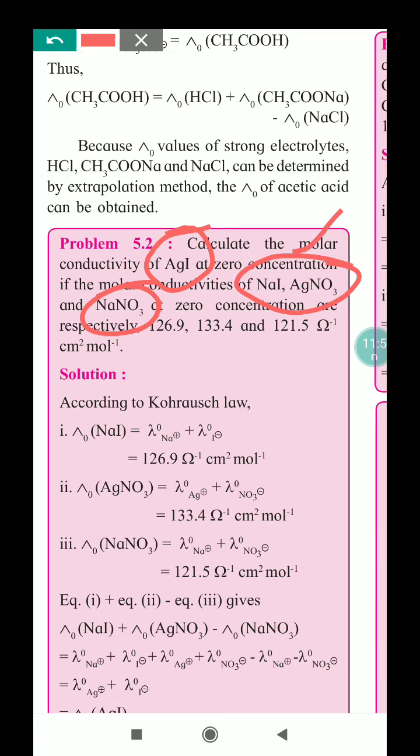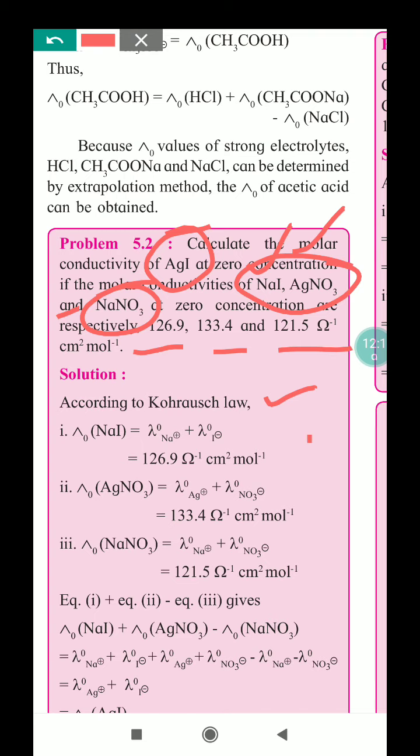So we take AgNO3 and NaI, then the unwanted ones are Na and NO3, so minus NaNO3. According to Kohlrausch law, for NaI it is Na positive plus I negative, which is given. Then AgNO3 is Ag positive plus NO3 negative, again given. And NaNO3 is Na positive plus NO3 negative.